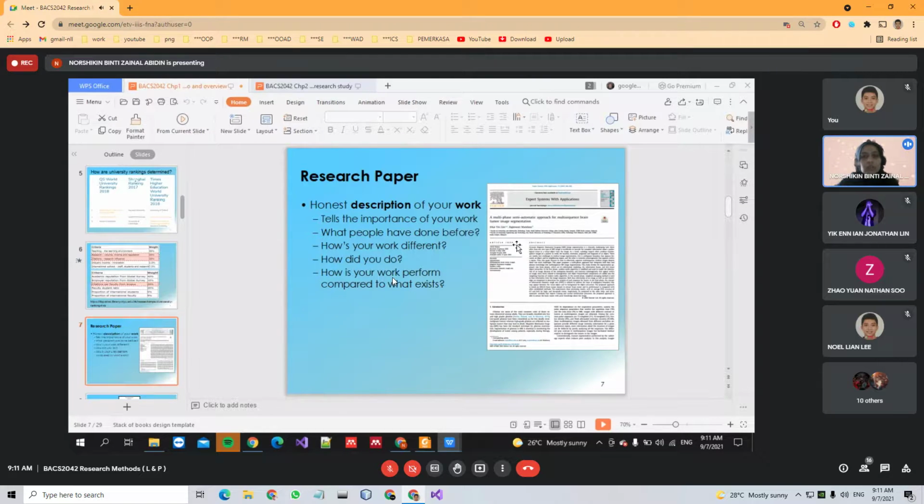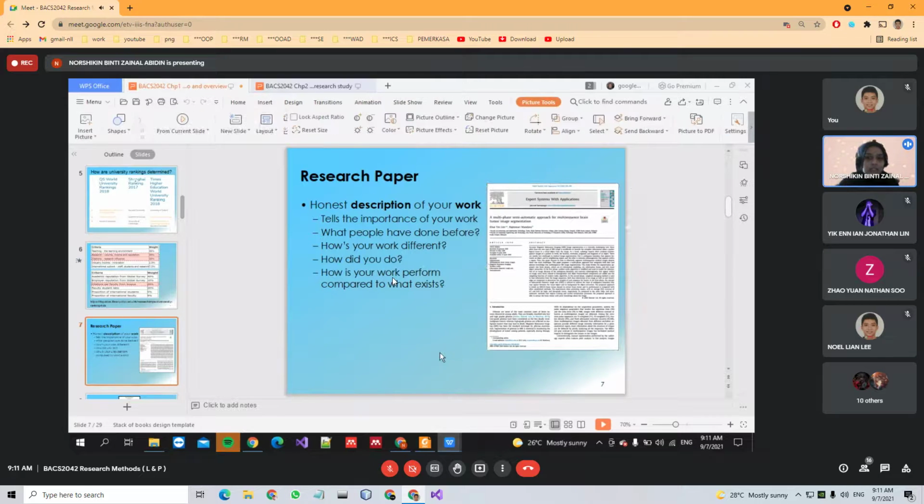You conduct your research and then you need to write a report, which in research methods we call a research paper. It is a summary of what you did, what your research is, what the result and output are, and what it is about. So that's basically what we call a research paper. This is an example of a research paper.